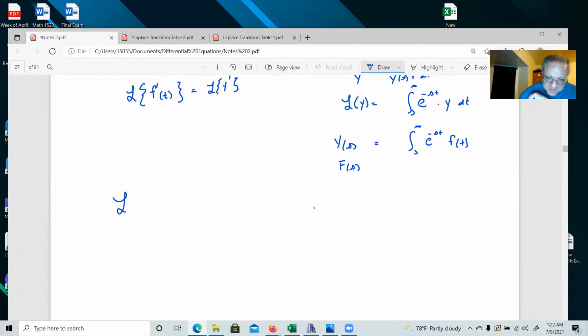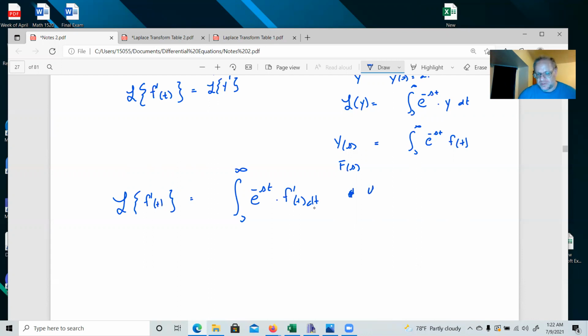We've got the Laplace transform of f prime of t. By definition, that's the integral from 0 to infinity of e to the negative st times f prime of t. We have two functions multiplied inside an integral, so this is an integration by parts problem.